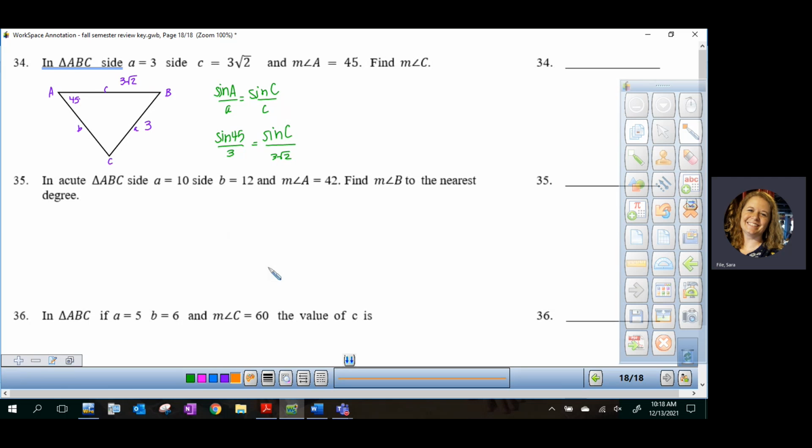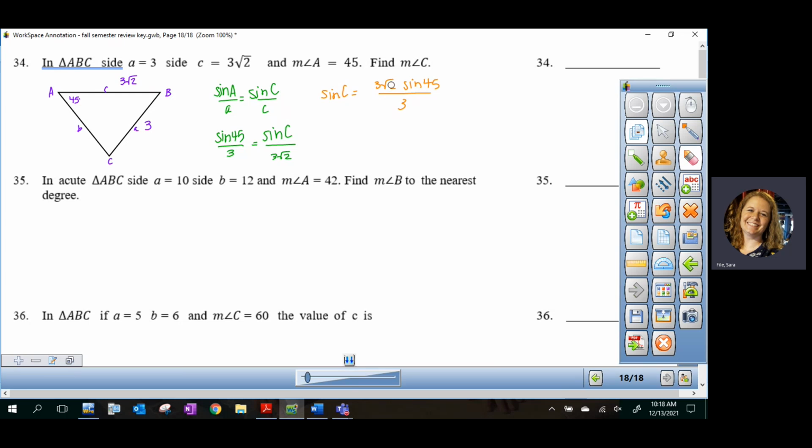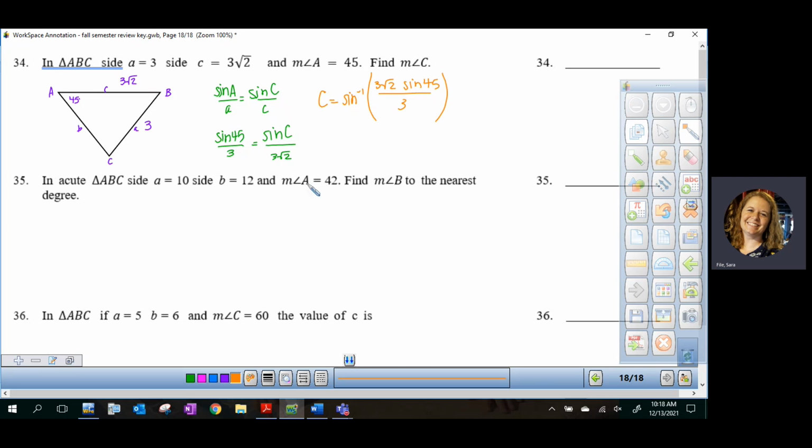Then we cross multiply and divide, so we isolate sine of angle C, which would be 3√2 times sine of 45 divided by 3. Now, when I calculate that, that is not my answer, is it? What do I still have to do to find C? I'm still going to have to take the inverse sine. So if you want to write another line or rewrite this as inverse sine of all that is angle C, that works too.